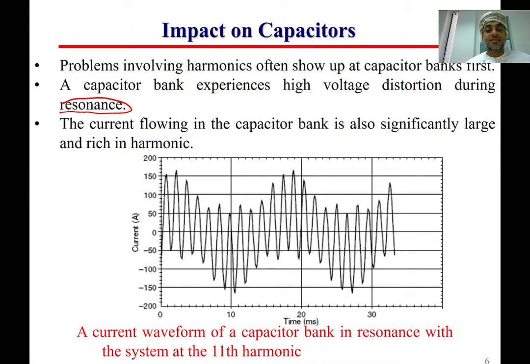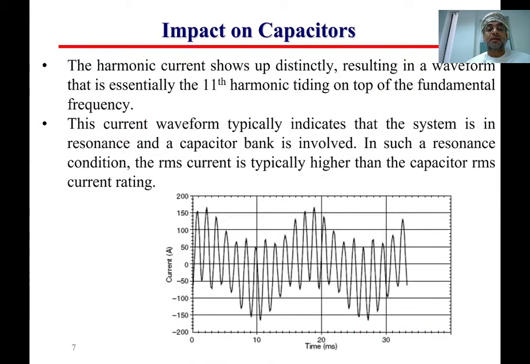This is the shape of the current that flows through the capacitor bank, which is really large in magnitude and also rich in harmonics. And this is during resonance. The harmonic current shows up distinctly, resulting in a waveform that is essentially the 11th harmonic riding on top of the fundamental.